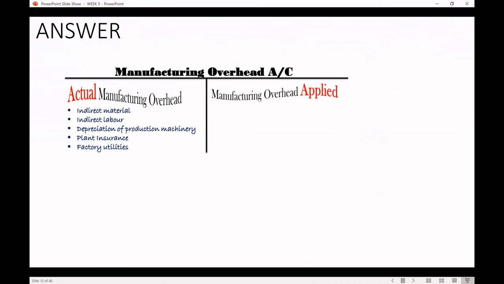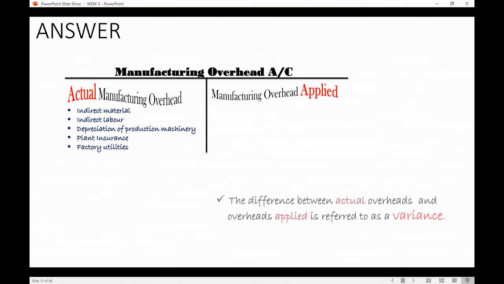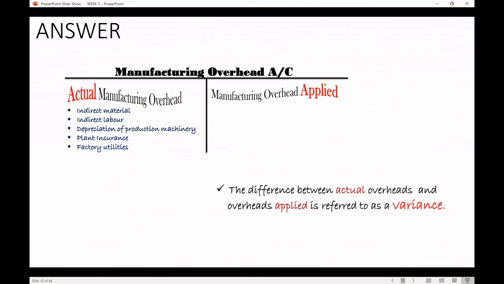And we'll look at what that is, right? Because nowhere does the question really tell us the manufacturing overhead applied, but this is something that we calculate, right? So the difference between actual overheads, which is on your debit side, and your applied overheads is referred to as the variance.